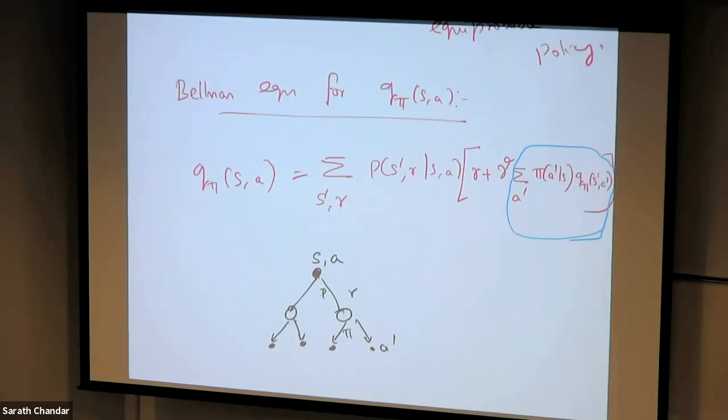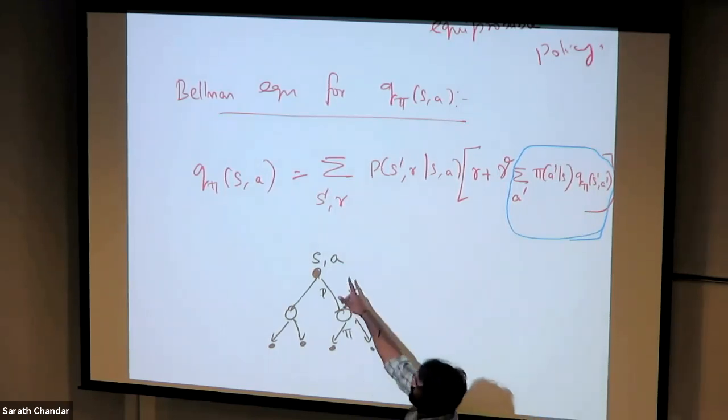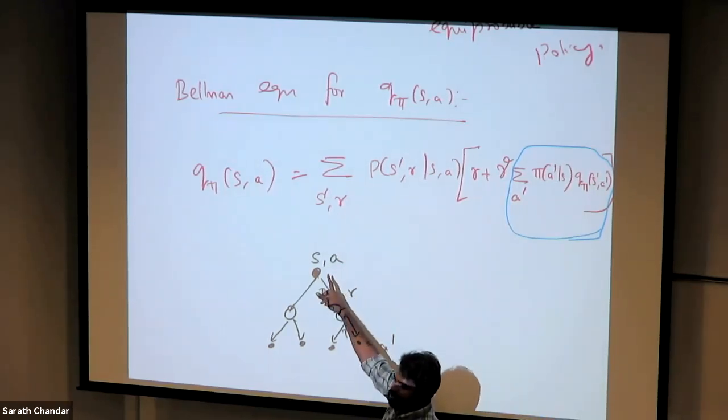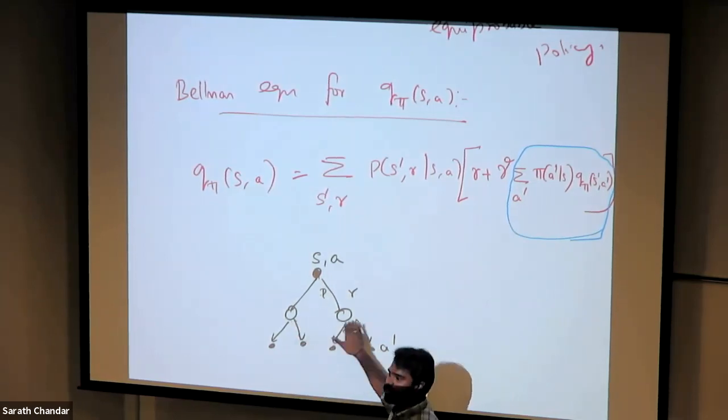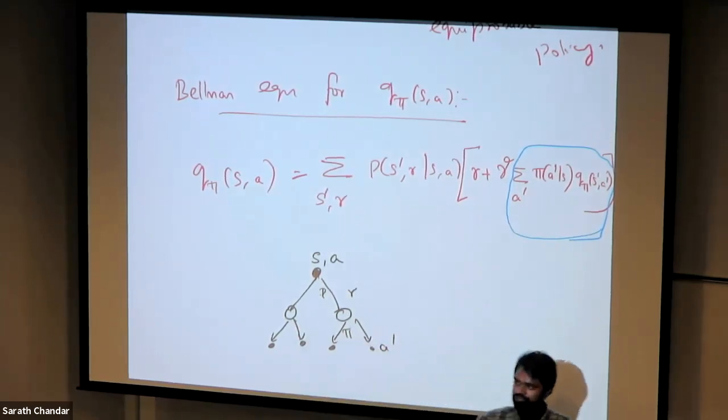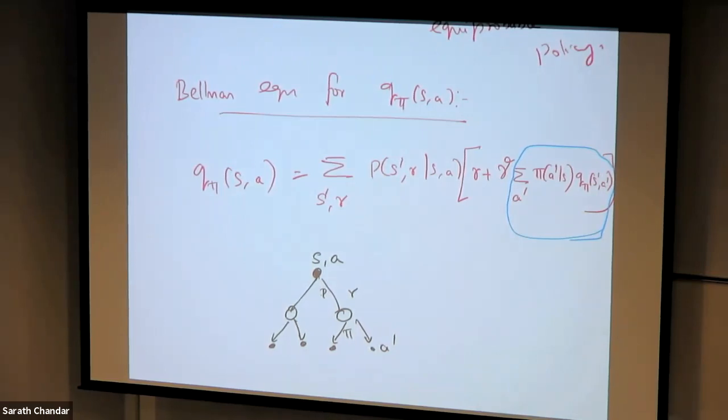Yes, it's a unique state, but in the backup diagram you have two other states. No, when you take an action, it's probabilistic. It's a distribution over next states, right? You can have many possible next states based on one action. That is what the probability of S dash given S comma A is, right?